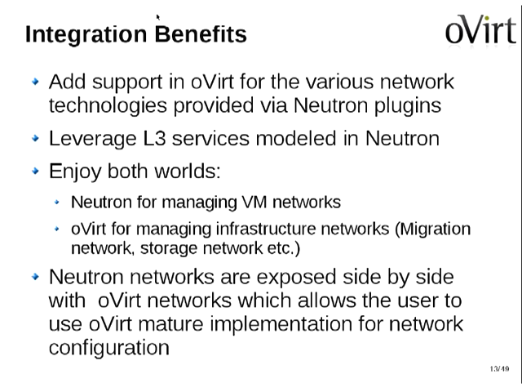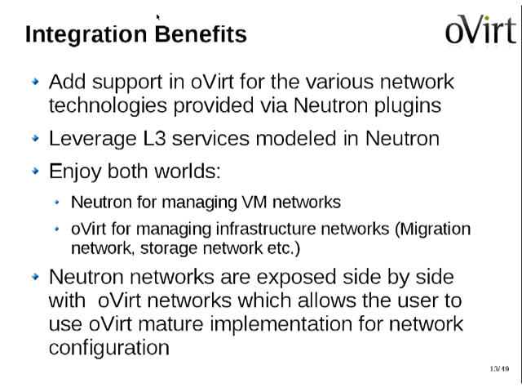That's one point. Another point is that we want to leverage the layer 3 services that are provided by Neutron. Neutron provides IP address management, load balancing as a service, firewall as a service and routing capabilities. These services are evolving and more services are added.